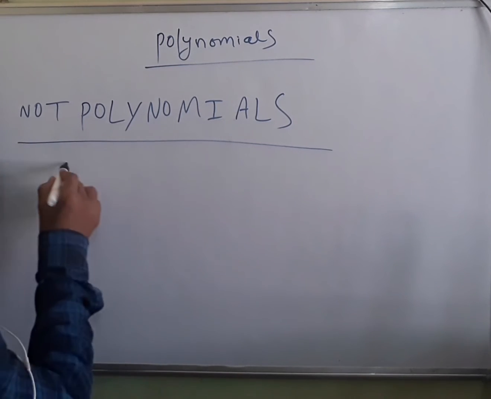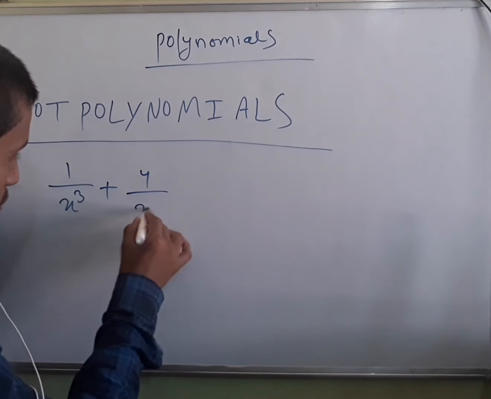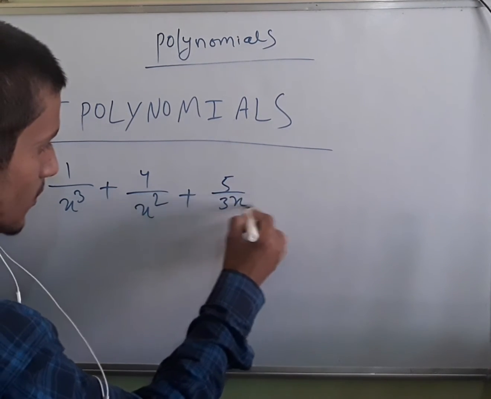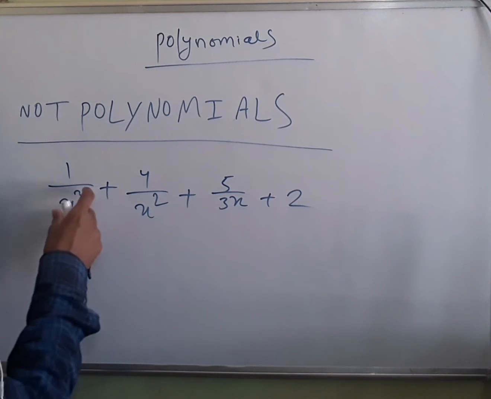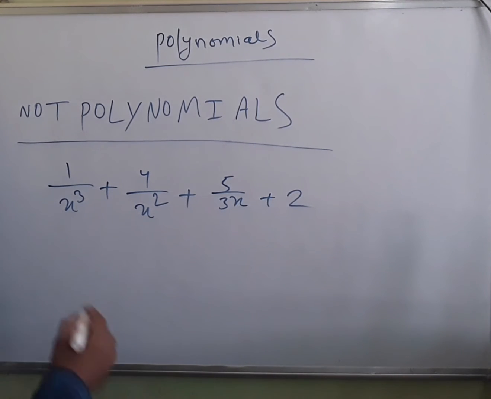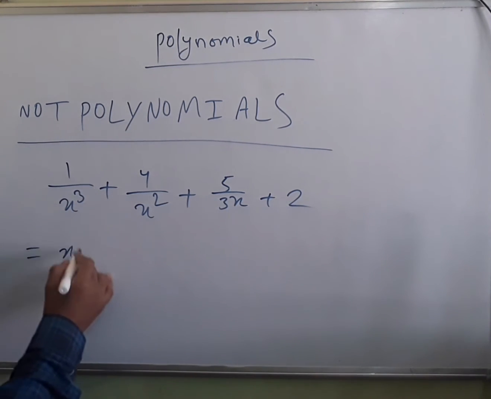We have something like 1 over x cubed plus 4 over x squared plus 5 over 3x plus 2. This is not a polynomial. Some people, if you're a beginner, might wonder how this would not be a polynomial. It is not, because it is x to the power minus 3.